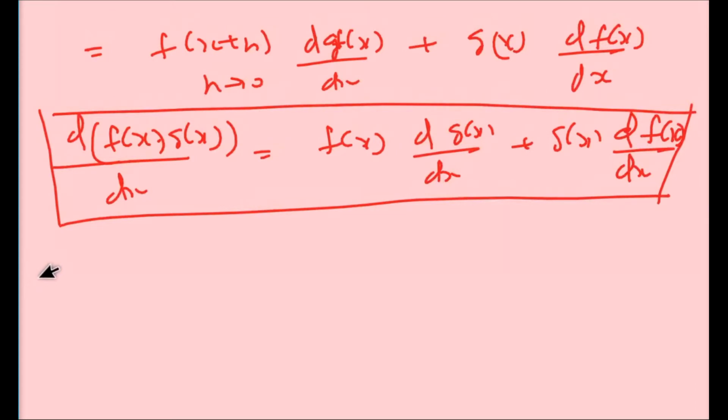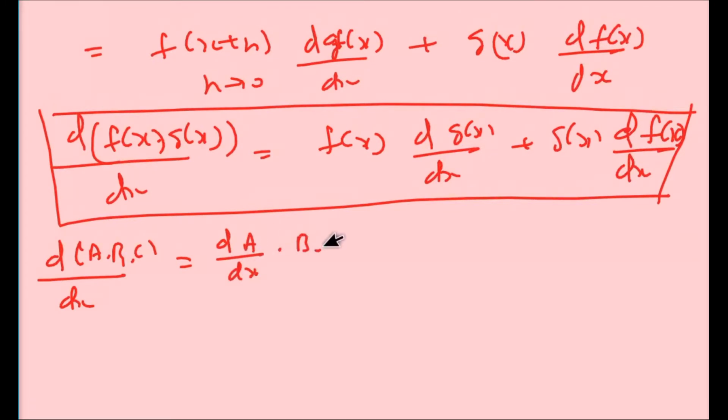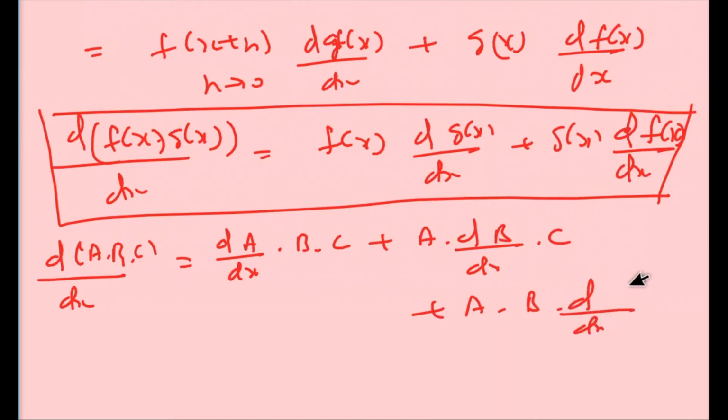Okay, this way you can use the product formula. Now if we want to use the formula for three functions, let a, b and c, using this two times, a into bc and bc again you will use. So what formula do you get? Differential of a into b into c, plus a into differential of b into c, plus a into b differential of c.